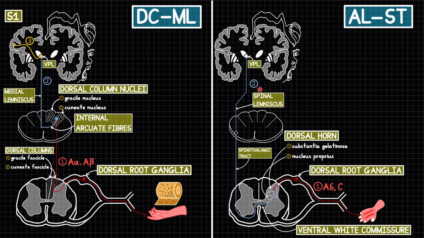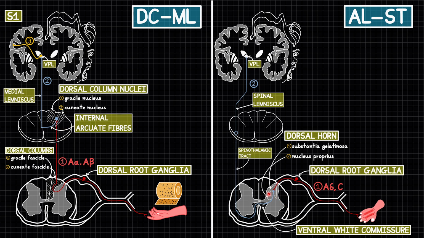Let's look at how it differs from the DCML second order neuron. There are three differences. In DCML, I'm going from brainstem to thalamus, VPL. In ALST, I'm going from spinal cord to VPL of the thalamus. That's the first difference. Number two is the fact that the decussation in my ALST occurs in the ventral white commissure of the spinal cord, compared to the decussation of the DCML occurring via the internal arcuate fibers in the medulla oblongata of the brainstem.